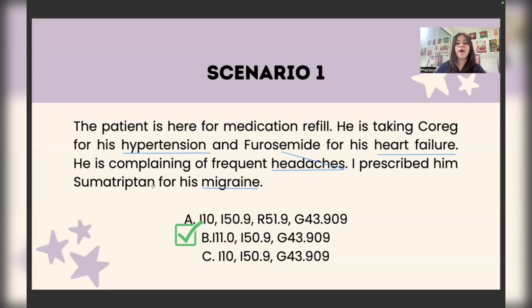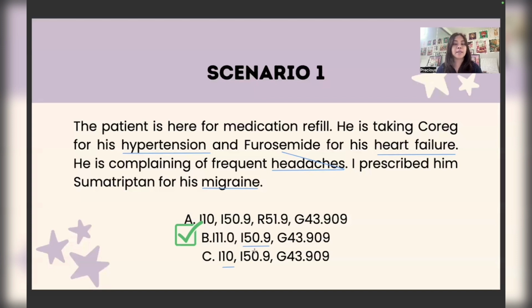All right, we also have hypertension and also heart failure. We have a code for heart failure, I50.9, and we already know that hypertension is I10. That's right. But if you are further along with your medical coding study, you already know the "with" guidelines. We have to follow the "with" guidelines.